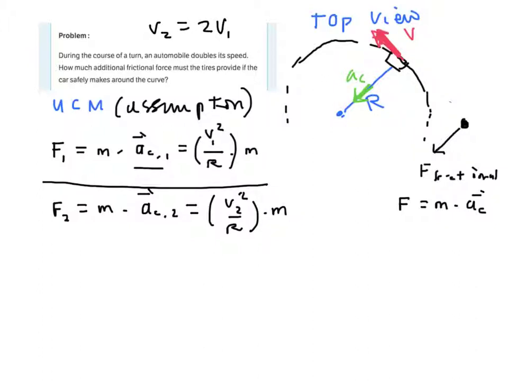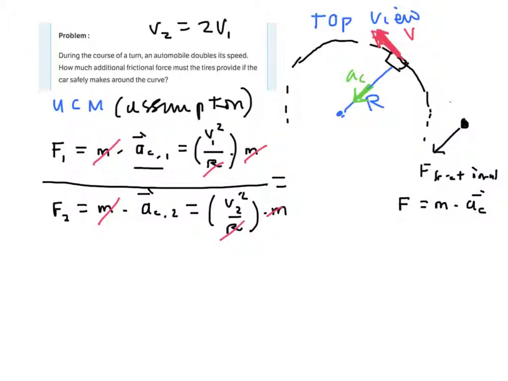Therefore, if we substitute that value in, what we get is the mass cancels. So what I'm doing is looking at this top equation over the bottom equation. The mass cancels. The r's cancel.